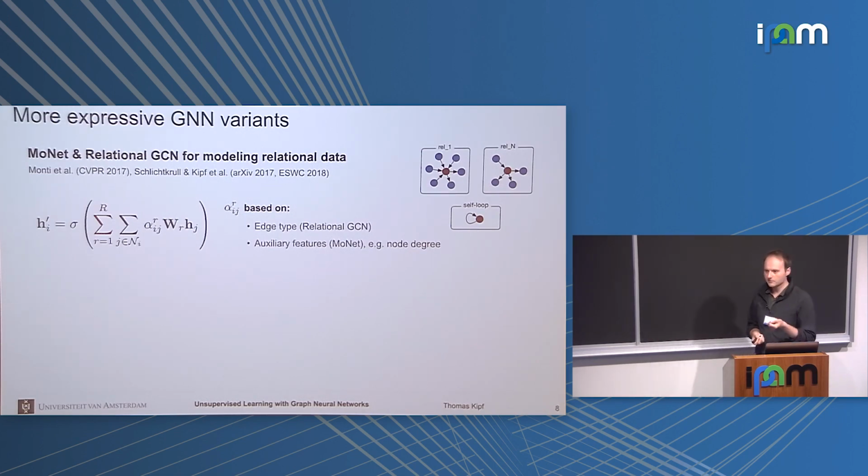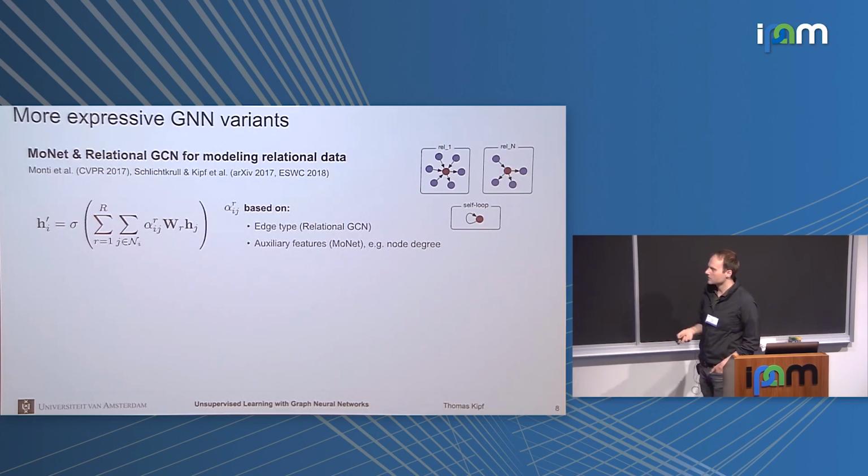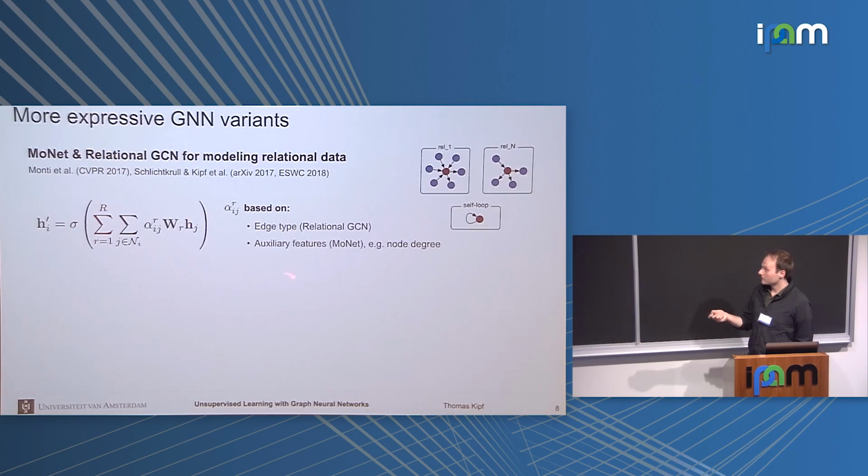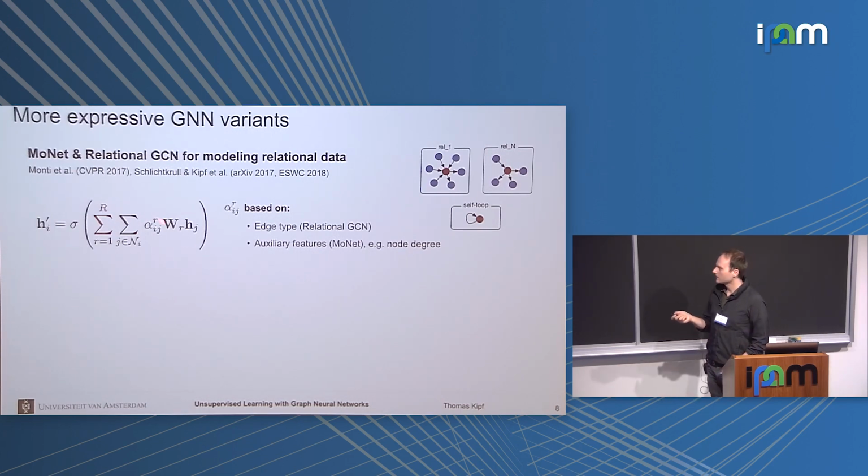Each neighbor now has a particular relation, for example, and then you transform each neighbor according to this relation type, and then you also sum over all the relations in the end. And this is something that fits in a framework also called MONAD, or something we've done that we call relational GCNs for knowledge graphs, where the edge type dictates this relational matrix.